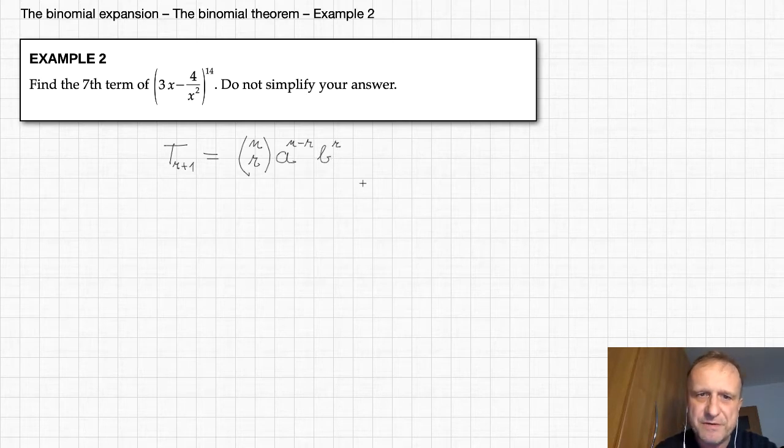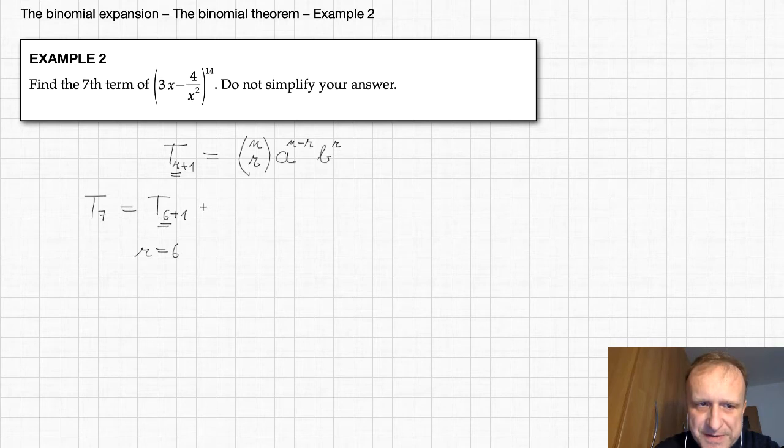Okay, so this is the formula for the r plus 1th term. In our situation, we need the 7th term, t sub 7. Now, 7 can be expressed in this form, r plus 1, as t 6 plus 1. Okay, this tells us what to take for r. r is going to be 6.